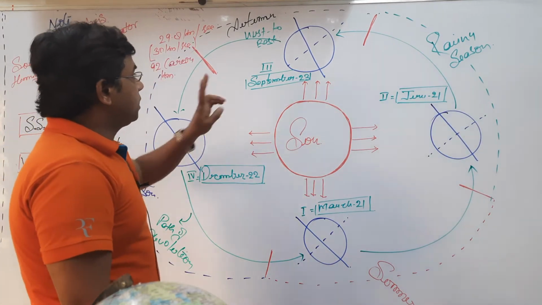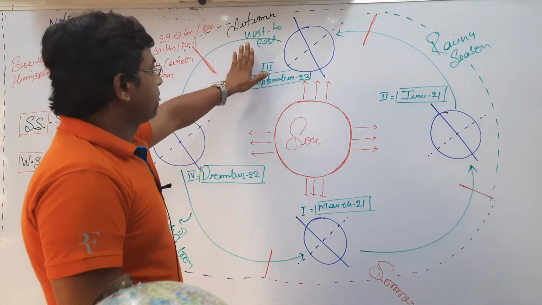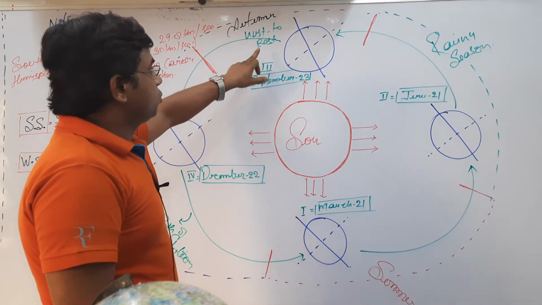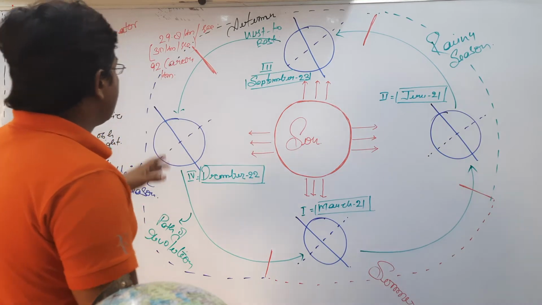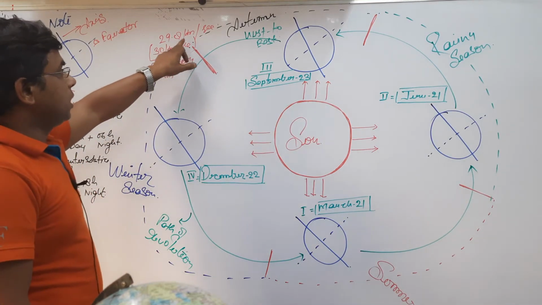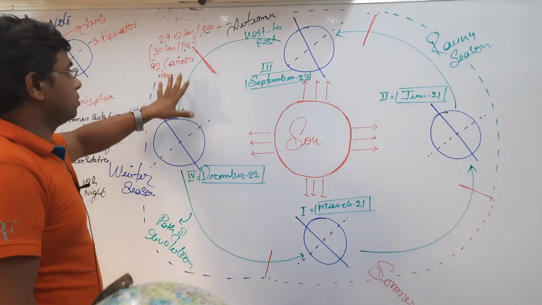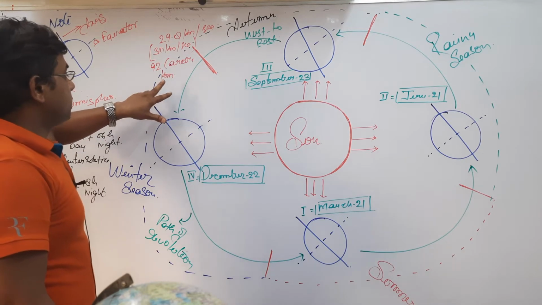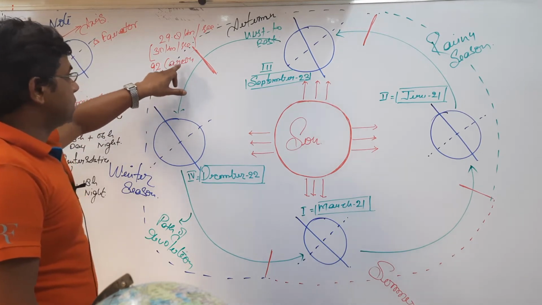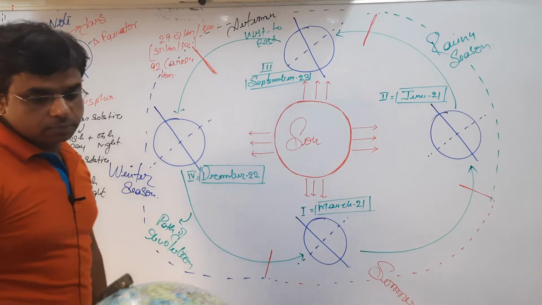So first we are done with these three facts. First, the direction of the revolution is from west to east. The speed of the revolution is 29.8 kilometer, that is around 30 kilometer per second, and the length of one revolution is 92 crore kilometer.